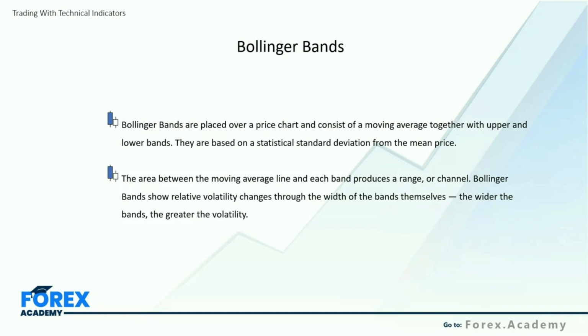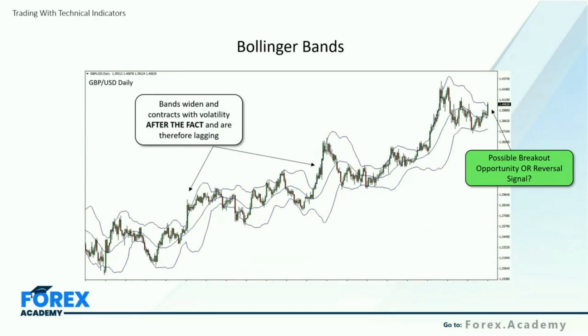volatility within the markets. So here we have Bollinger Bands following cable, or otherwise known as the pound US dollar. We have a daily price chart, and we can see the bands widen and contract with the volatility after the fact. So after the fact means that this is most certainly a lagging indicator. If we look at any real consistent price movement, perhaps this very strong price structure to the middle, we can see an upward trend.